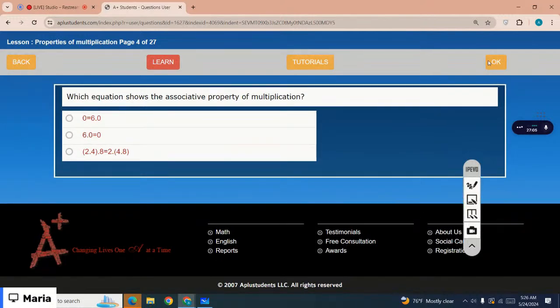Which equation shows the associative property of multiplication? So, which is the correct option? Option 1, 2, 3. Which is the correct option?